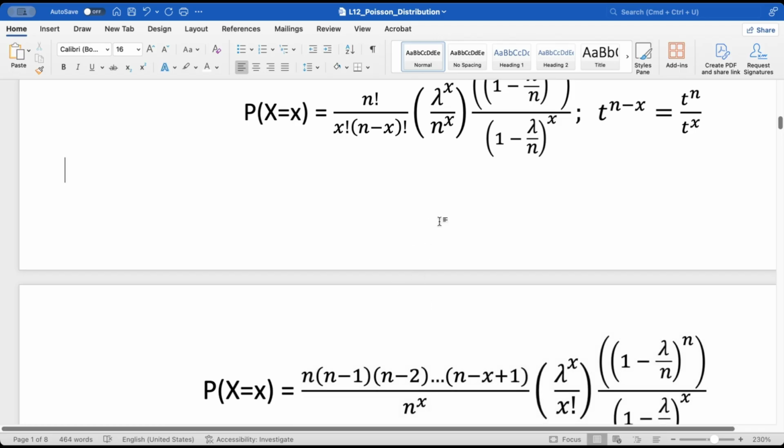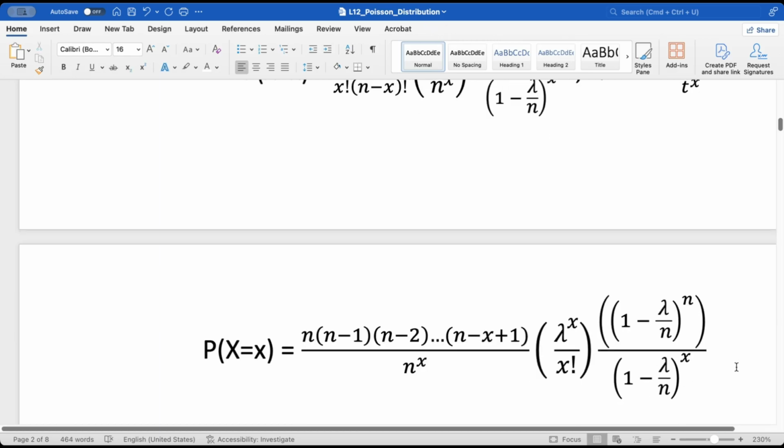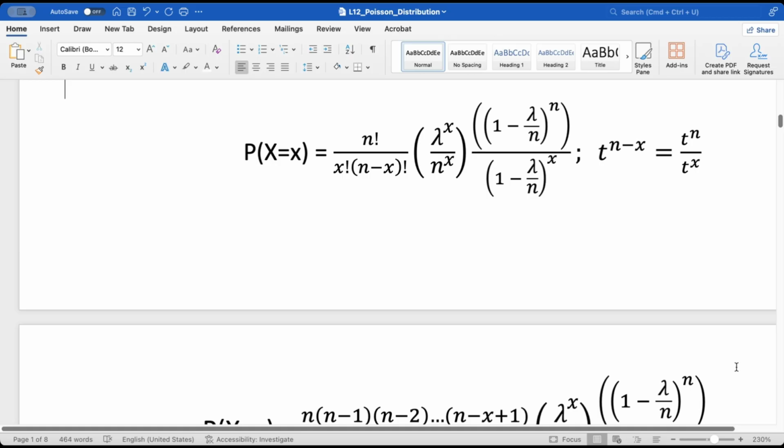Now, downstairs here, we have n to the x. So we move that in front, and then we move the x factorial over to the second term. And there was no change on the last expression.